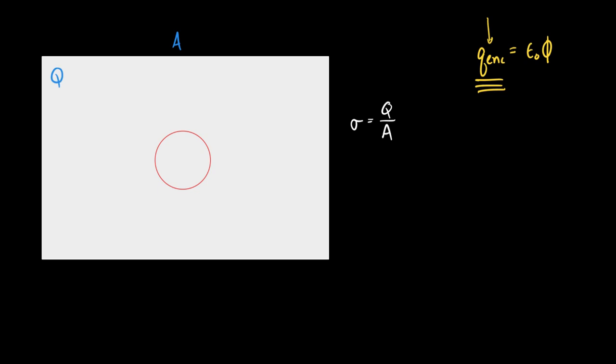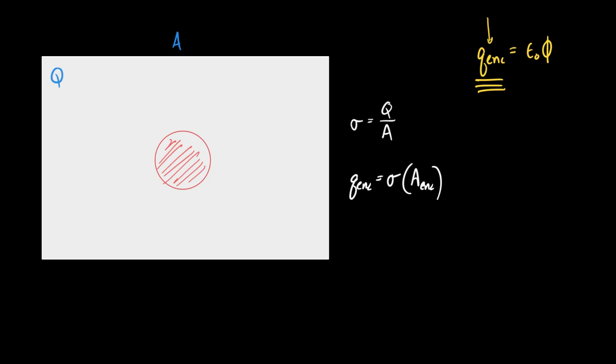So Q enclosed is going to have to be the charge density times the area enclosed. I'm just trying to pick up the little pieces here that we tend to forget. So the area enclosed is going to be the area of my Gaussian surface here, because that's the part that's enclosing a portion of the charge.